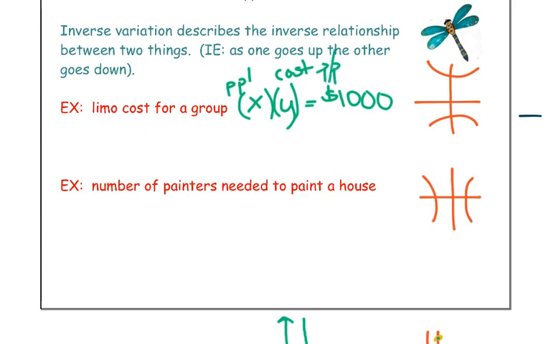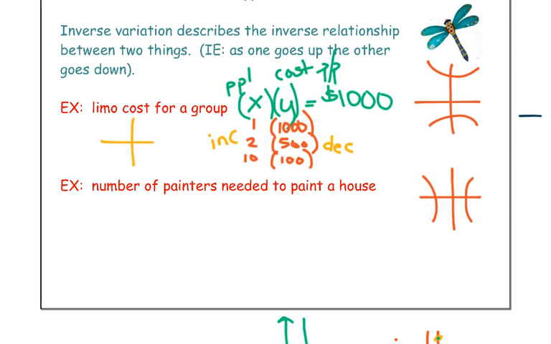If you have one person that wants the limo by themselves, it's going to cost them $1,000. If you have two people sharing the limo, it's going to cost them $500 each. If you have 10 people in the limo, it would cost them $100 each. So if you see this side is increasing where this one is decreasing. The more people in the limo, the less per person it would be.